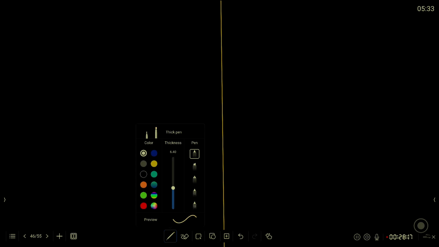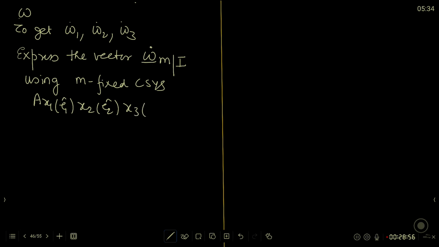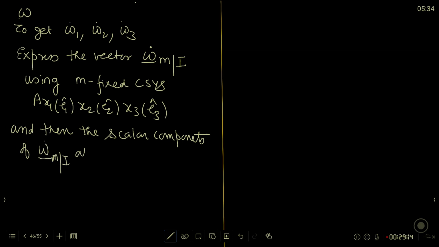That to get omega 1 dot, omega 2 dot, omega 3 dot, express the vector omega mi dot using m fixed coordinate system, E1, E2, E3, and then the scalar components of omega mi dot along E1 will become omega 1 dot, along E2 will become omega 2 dot, and along E3 will become omega 3 dot.